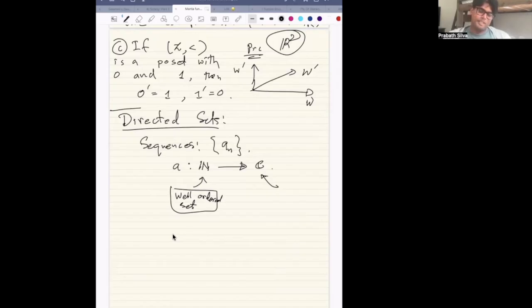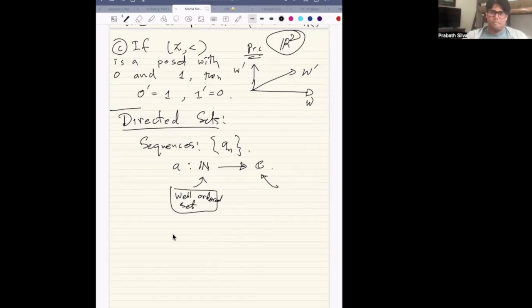Like limits, when you define limits, we have the notion that in the integers we can go to infinity. That means we can go in the direction of infinity.